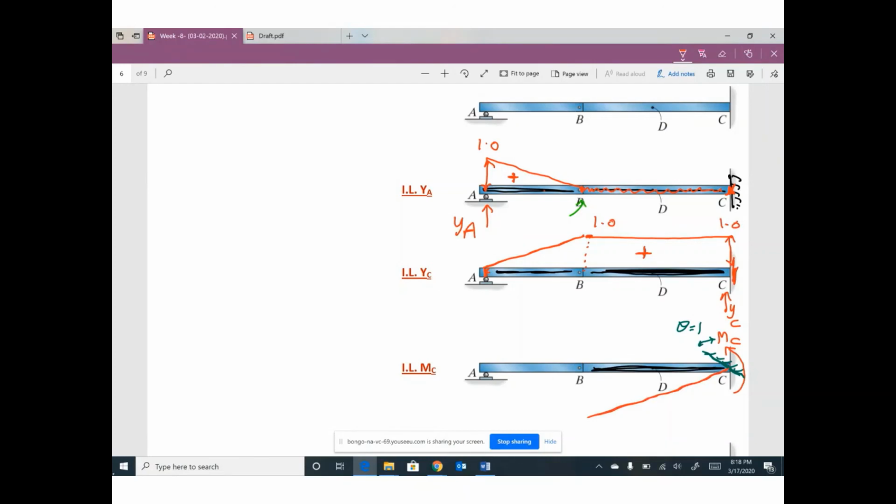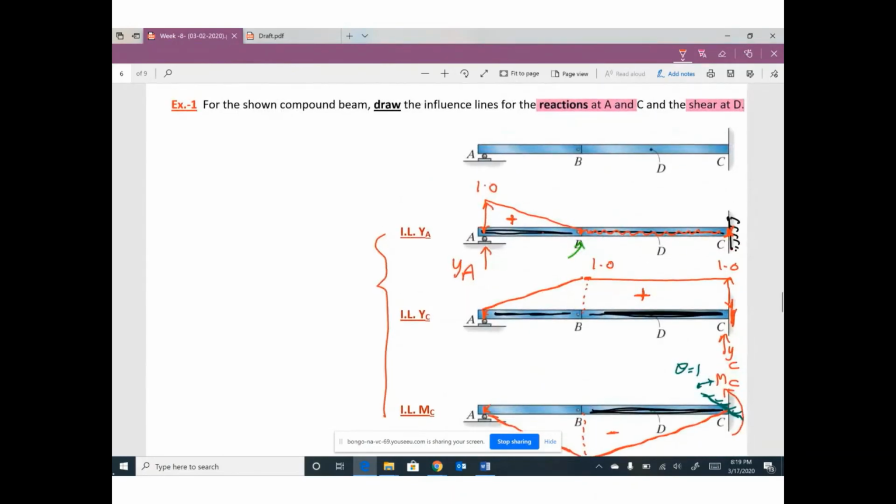So this and this support will not move. This connection moved down, so the new position of this part of the beam will be like this. I am done with confluence line of reaction. We have reaction YA, we have reaction YC, we have reaction moment at C.